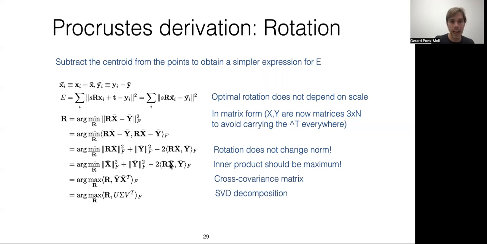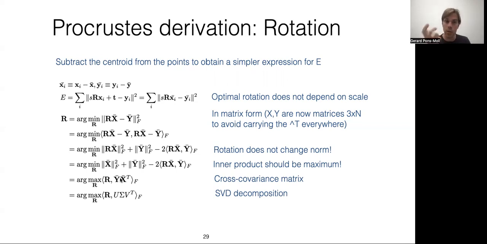Here I can move the X to the other side, but I need to transpose and revert the order. These are basically just using properties of an inner product. And now what do we have here? We have exactly this cross covariance matrix, but because I did this little trick, now we have the whole thing transposed.